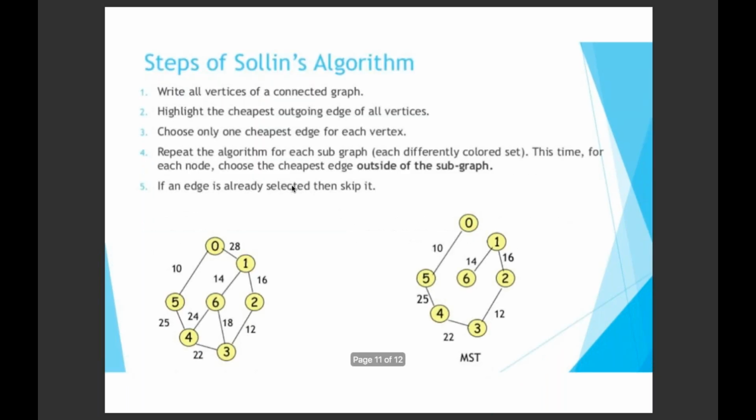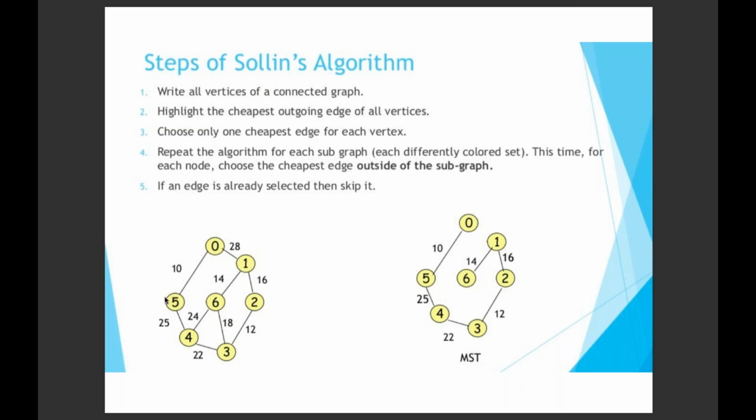So how are we going to work on the Sollin's algorithm? Guys, you see on the left-hand side is one of the graphs. We need to create a minimum spanning tree, which is to your right. So if you see, 0 to 5 is 10. We didn't connect 0 to 1 because we know from 0 to 1 it's 28. So the cost will be more if you connect 0 to 1. If you connect 0 to 5, the cost is 10.